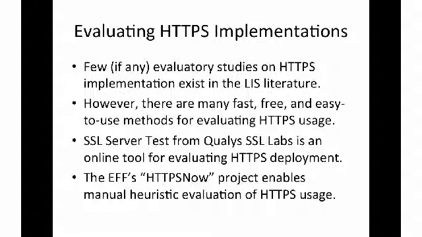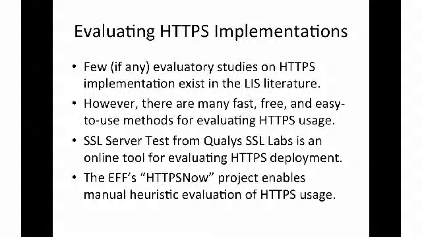There have been few, if any, evaluatory studies done on HTTPS implementation in the LIS literature. However, there are a number of fast, free, and easy-to-use tools on the internet for evaluating HTTPS usage. One such tool is the automated SSL server test from Qualys SSL Labs, which allows users to enter a domain name and then receive a report of the security posture for that domain.